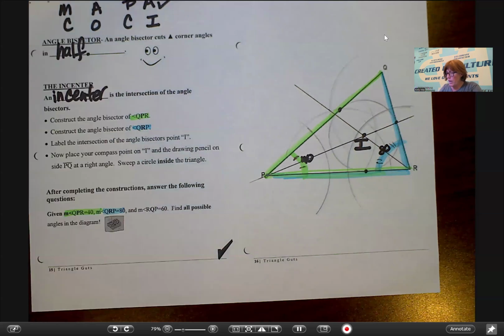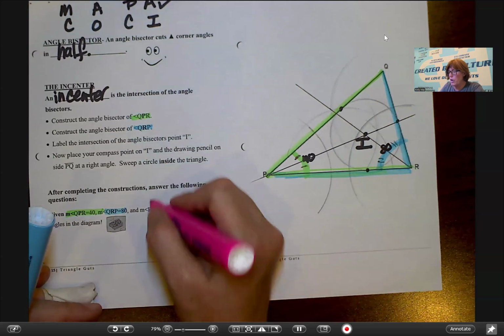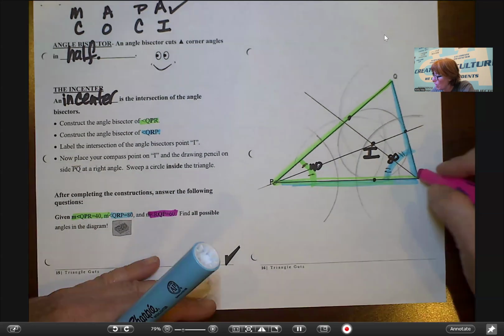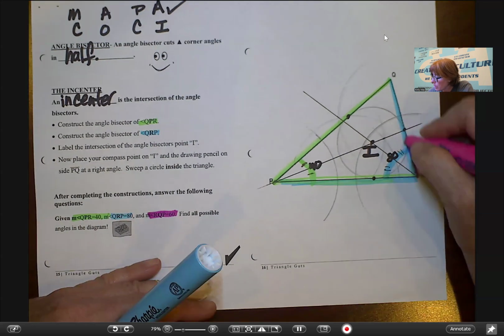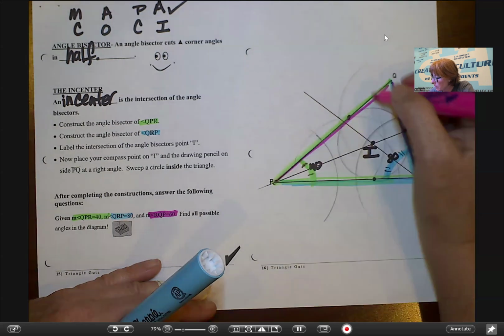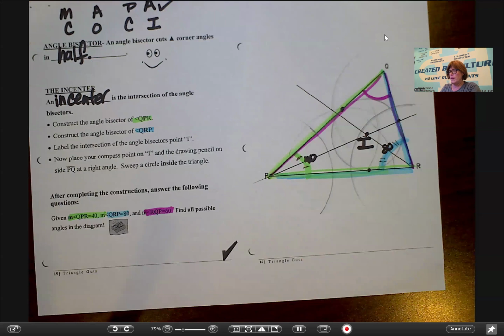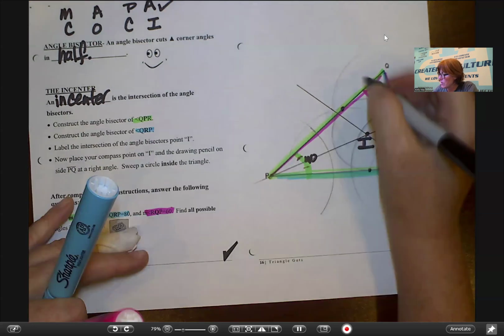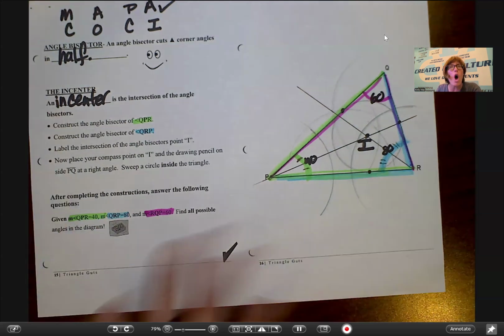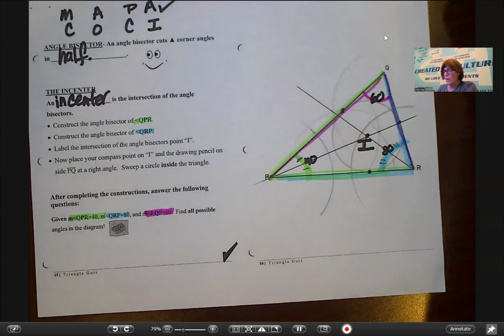And then you have a third measure, angle RQP. This angle is 60 degrees. Knowing this, find all possible angles.